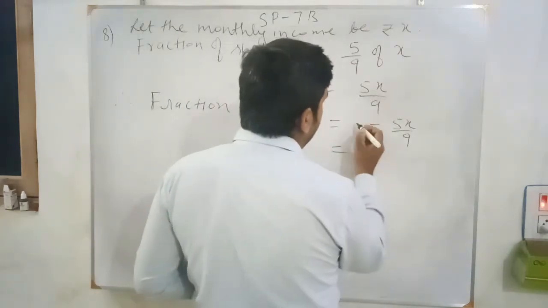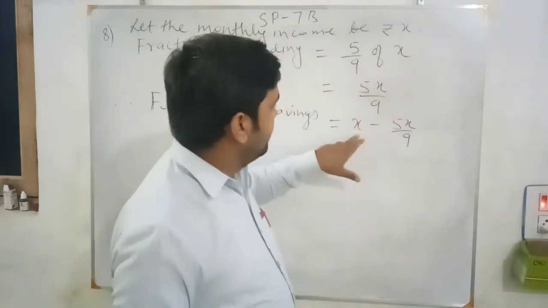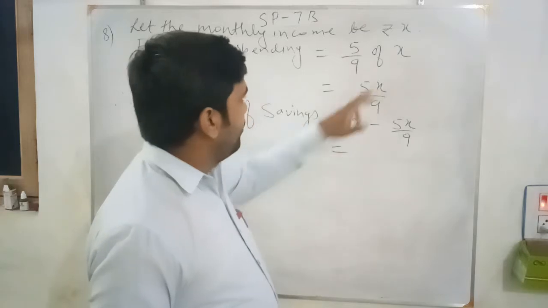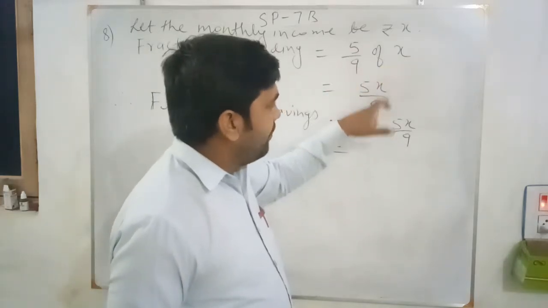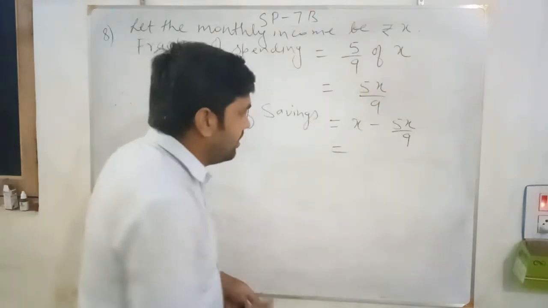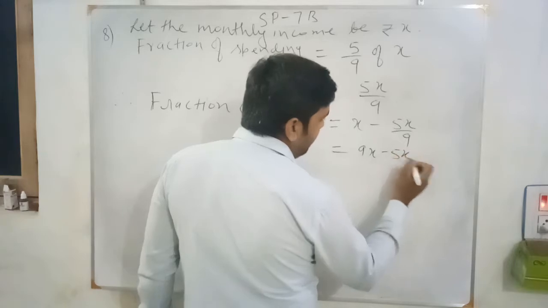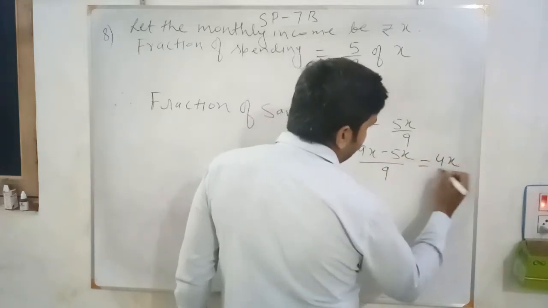From total income x, when we subtract the spending, we will get the saving. Out of x, he is spending 5x by 9 rupees. So the saving is 9x minus 5x upon 9, that is 4x by 9.